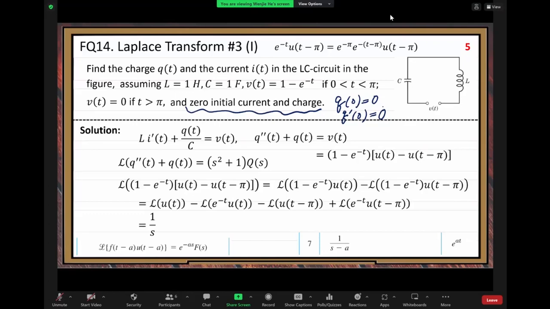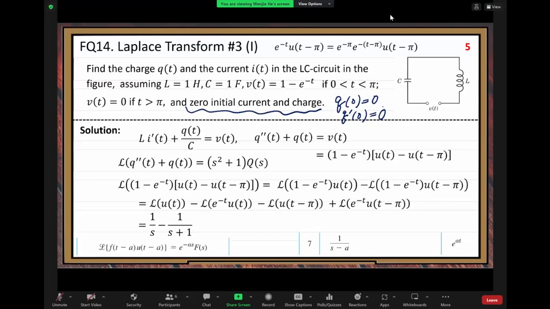A is negative 1, so s minus negative 1 is s plus 1. So the Laplace transform of the second term is minus 1 over s plus 1. Carefully apply the formula, compare the forms and try to connect them. You need some practice.